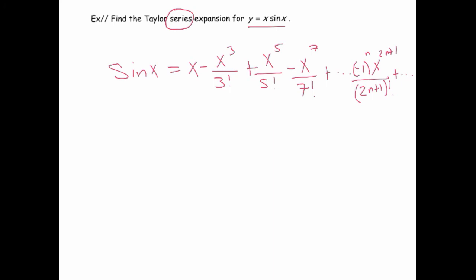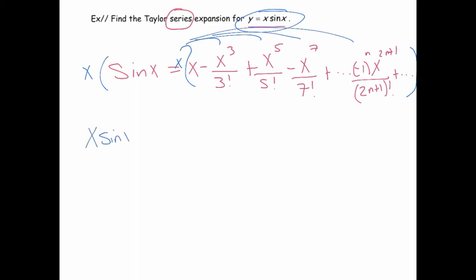So if I want to make the Taylor series for x sine of x, you just need to treat this like an equation, times both sides by x. And you can literally distribute that x to every single term, including the general term, and you'll get that x sine of x can be written as, so x times x is x squared, minus x to the 4th over 3 factorial, plus x to the 6th over 5 factorial, minus x to the 8th over 7 factorial.